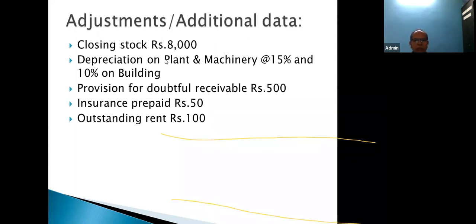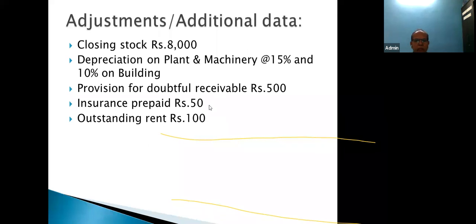This practice also you need to build up. Whatever information is given in the adjustments, if those items are repeated in the trial balance, you just have a small marking over there. Small markings are necessary.